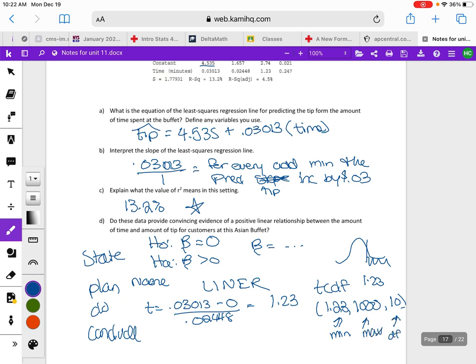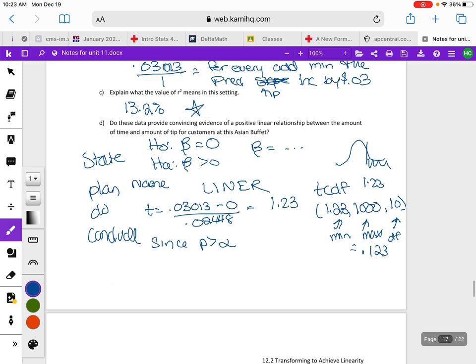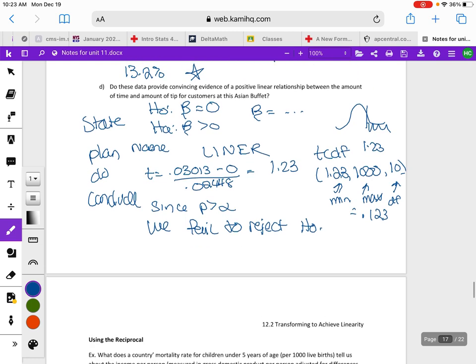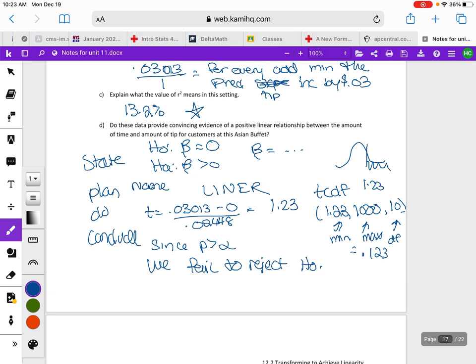And when you conclude, you're going to get a p-value of 0.123. So since p is greater than alpha, we fail to reject the null, which means we do not have convincing evidence that there is a positive linear relationship between the amount of time and the tip money that was left.